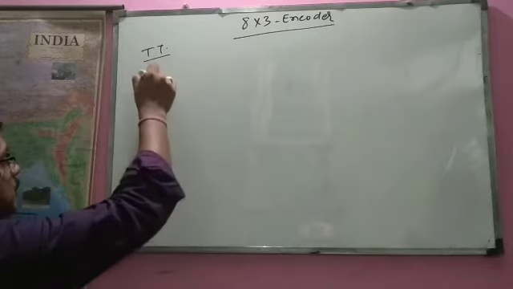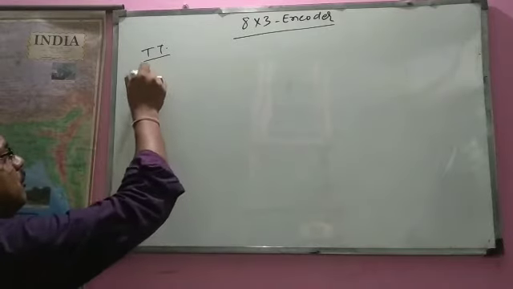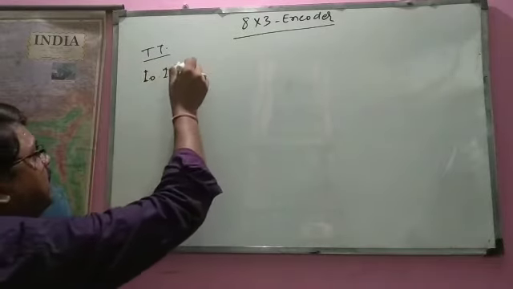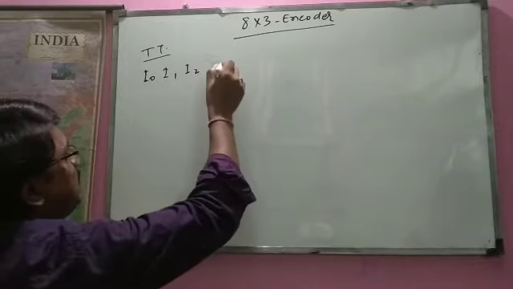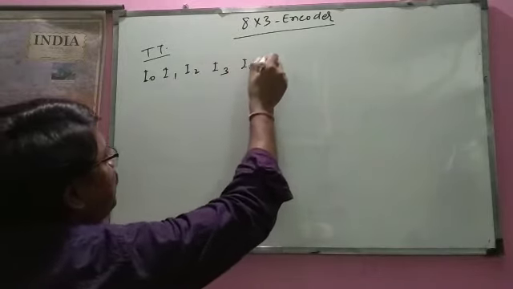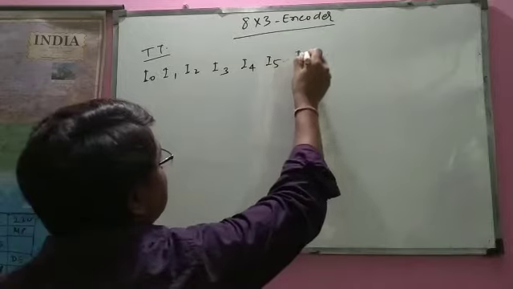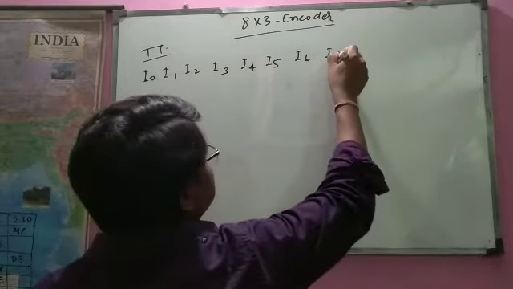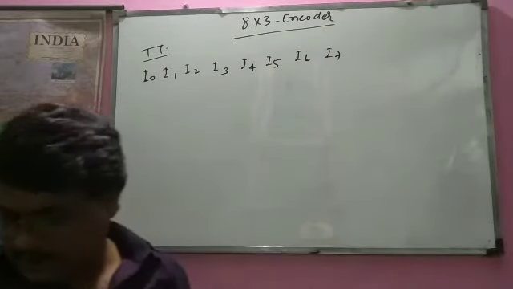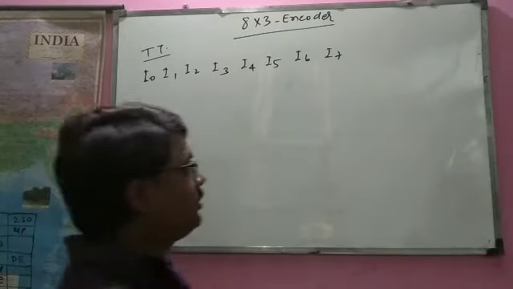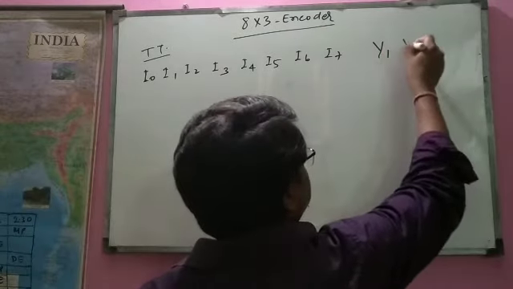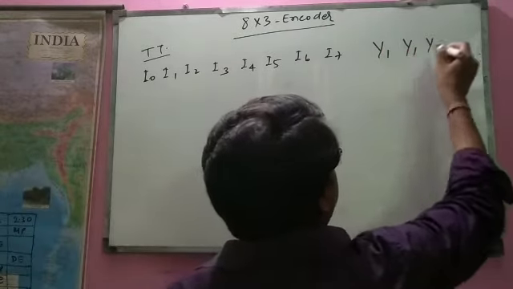So let us suppose, what was the name of the inputs? I0, I1, I2, I3, I4, I5, I6, I7, okay, and Y0, Y1 and Y2.